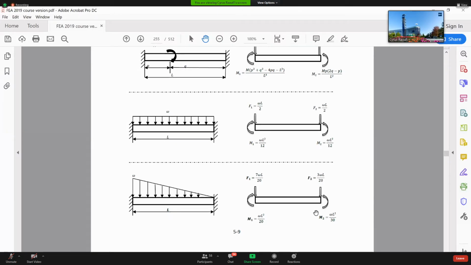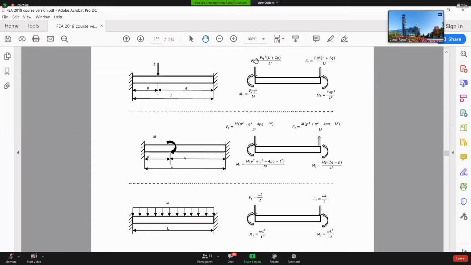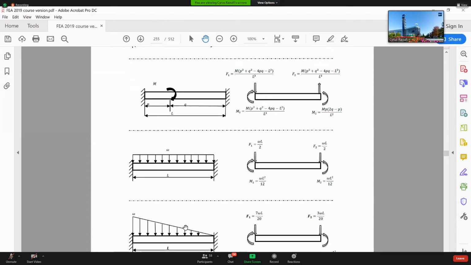Now, as you see here, the magnitude of F1 and F2 and M1 and M2 is going to be from here. Also, please pay attention to the direction. Direction is also important. That one was for distributed load.